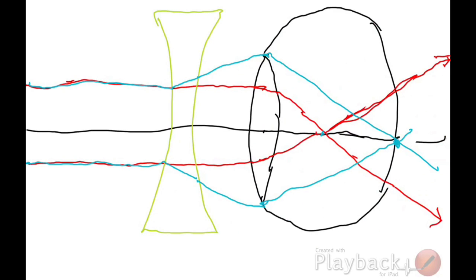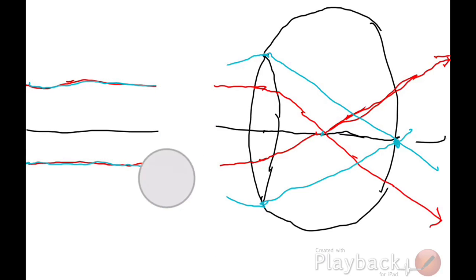So let's think about a more detailed ray diagram here. Maybe we can calculate focal points of lenses, like when you look through your eyeglasses. I guess before we come back to that, what would a convex lens do? Rather than a concave, what would a convex lens do?